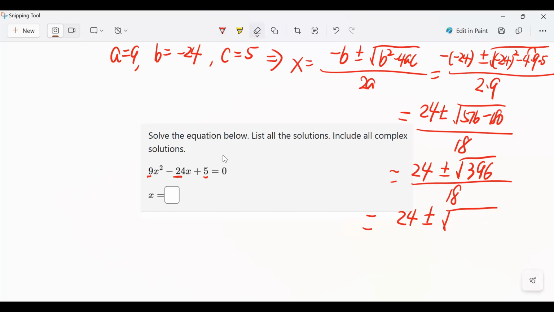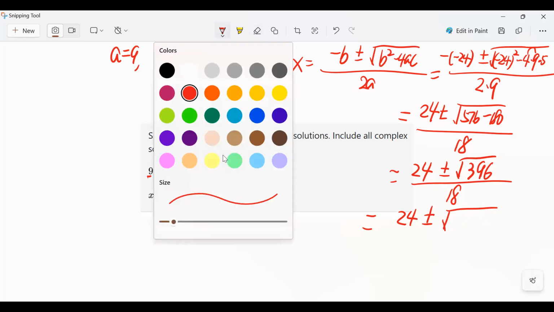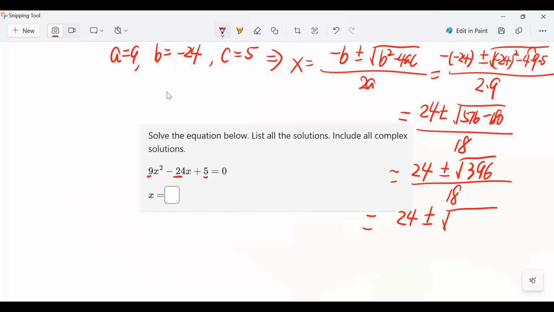So this is actually 36 times 11, so it's the radical of 36 times 11 over 18. Now from here, we're just going to simplify. So we'll do 24 plus minus 6 radical 11 over 18.